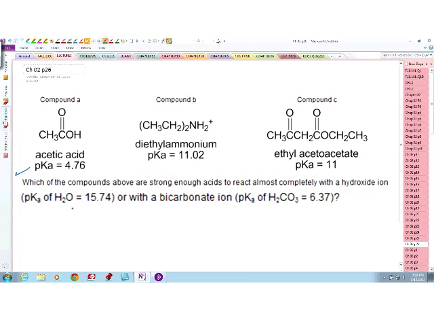Now what we're giving you here is the question: which of the compounds above, in other words these compounds here, are strong enough acids to react almost completely with hydroxide ion, giving you the pKa value of water, or with bicarbonate ion, also giving you the pKa value of carbonic acid.